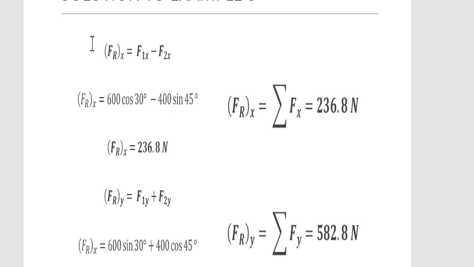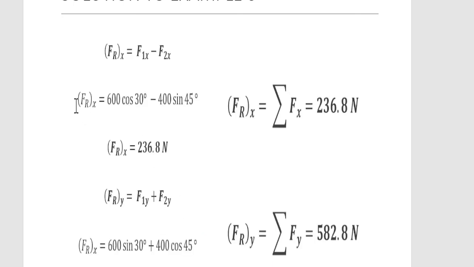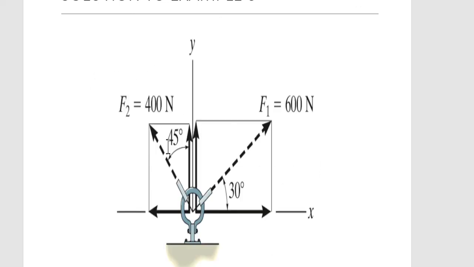finding the vertical components and horizontal components. So FRx should be equal to F1x minus F2x, because F2 is in the second quadrant, so x is negative. We already have this value F1x here, just use the basic trigonometric law: sine theta equals perpendicular by hypotenuse, cos theta is equal to base or adjacent side divided by hypotenuse, tan theta is equal to perpendicular by base.